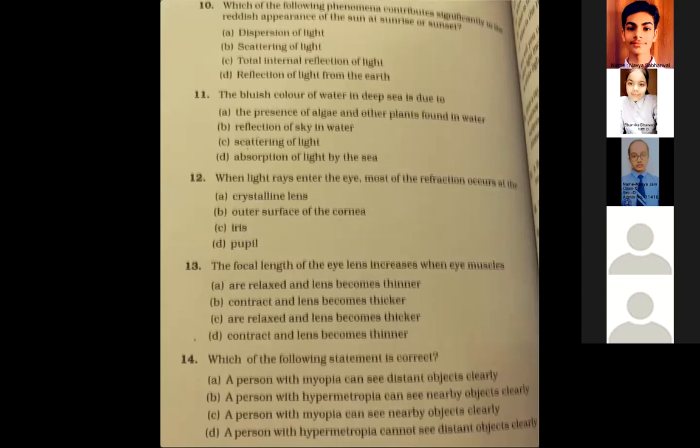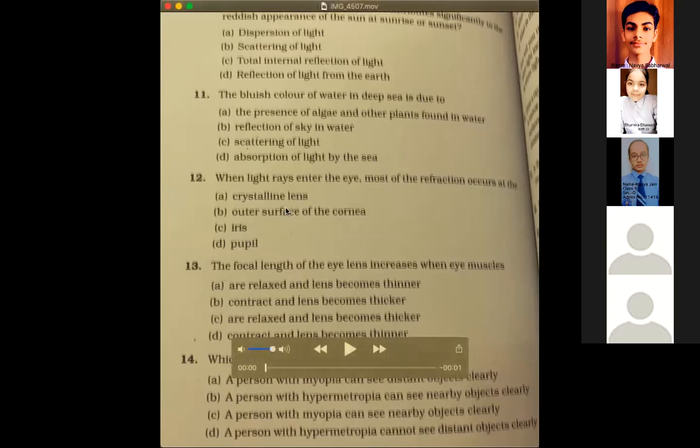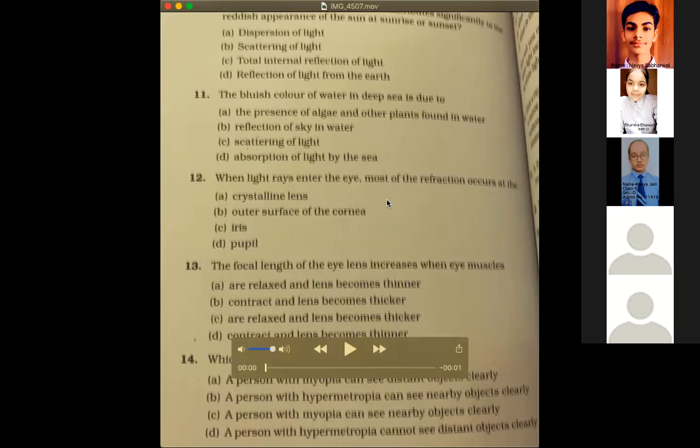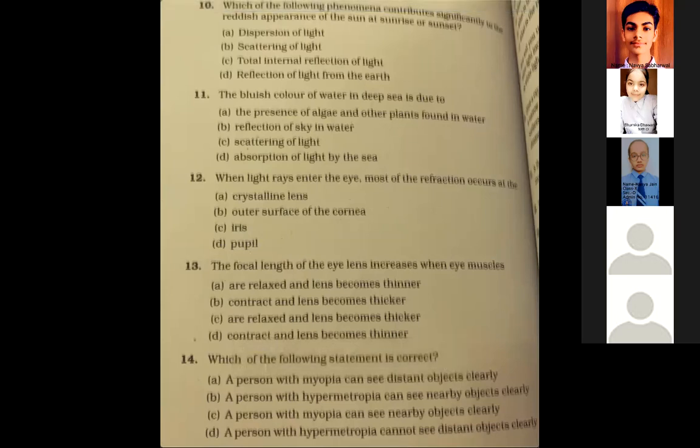From the atmosphere, it is going into our eyes, which is not a gaseous medium. It is a solid structure. So, do you think refraction will take place in our eyes? Tell me, children, will refraction take place at our eyes?